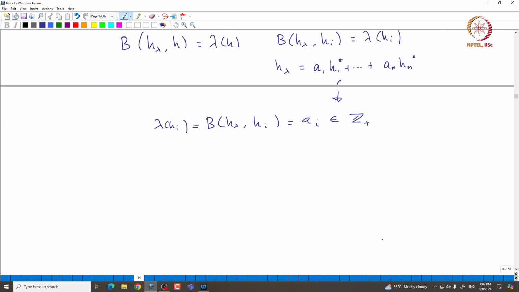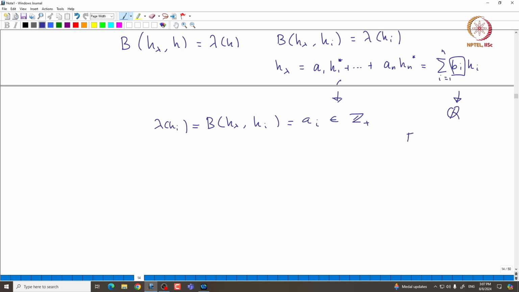Since this goes from hi to hi star, maybe you can work it out very explicitly. The change of basis is going to be over integers. Because of that, if you rewrite this h lambda in terms of hi's, as summation some bi hi, we can conclude that these bi's must be rational. So, that is for sure.